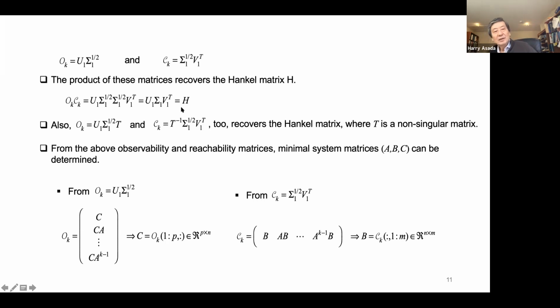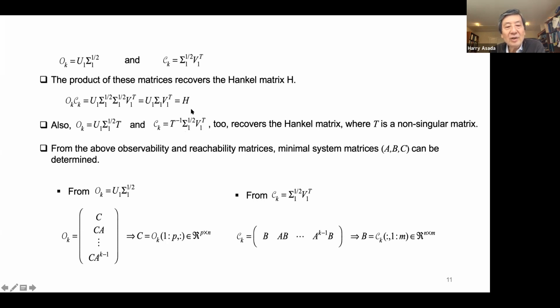Cool. So we can determine O_K and C_K individually, but even if you put in a non-singular square matrix T to transform this expression to something else, and T inverse in here, if you multiply these two, T inverse cancels out.